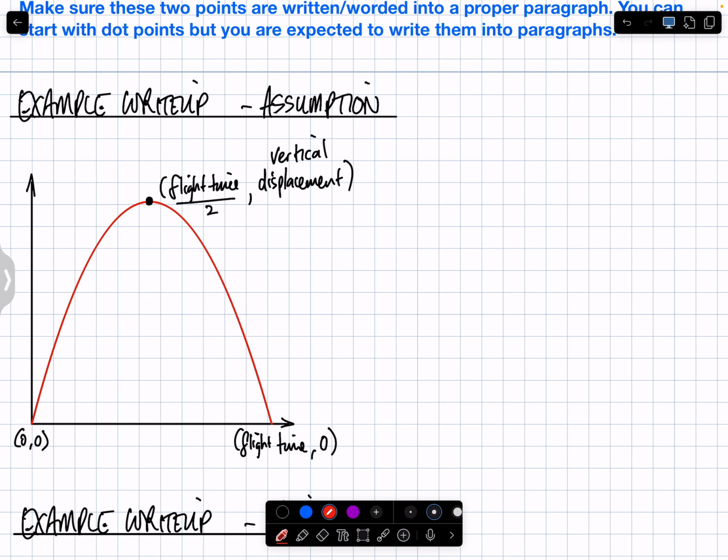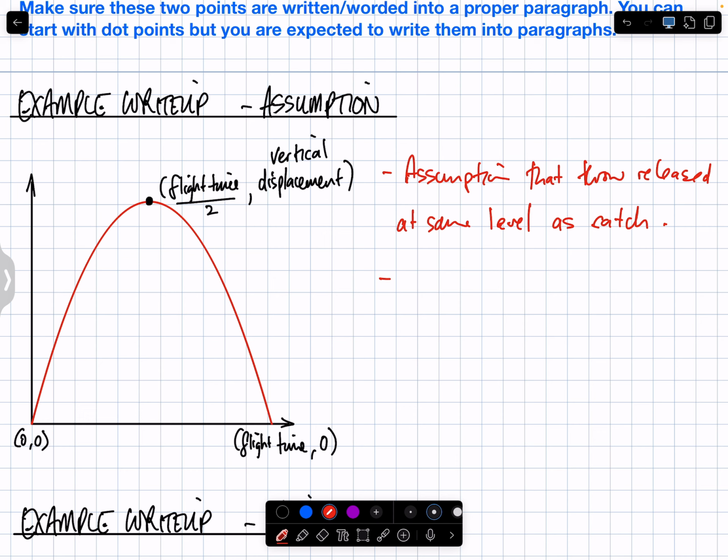So how would I write about that? Assumption that a throw released at same level as catch. We have to assume that because why? Because our quadratic has to have the same x intercepts at the same level.